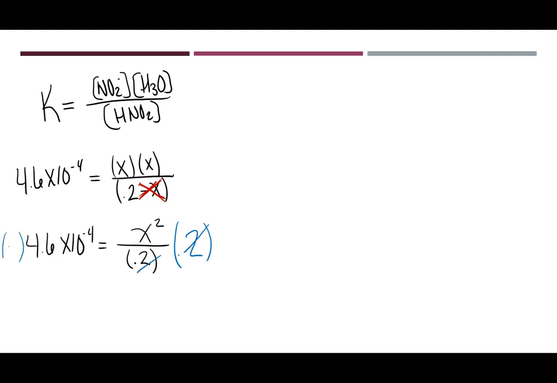Whatever I do to the right side, I also have to do to the left side. We're going to have X squared equals 4.6 times 10 to the negative fourth times 0.2. We're going to have 9.2 times 10 to the negative fifth.